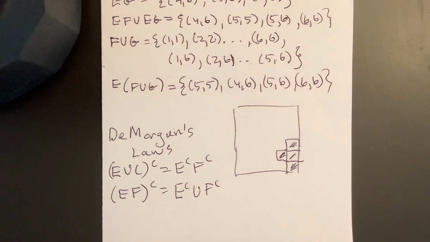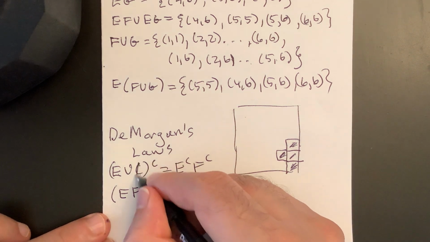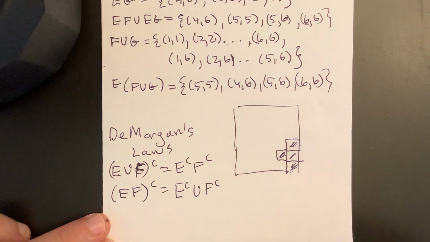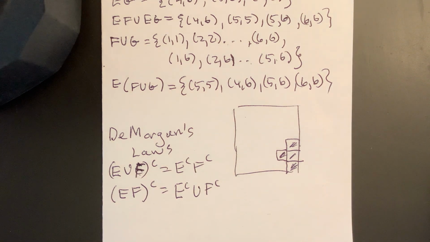So these I can do a little proof. This actually extends to E union F. This actually extends to any number, even an uncountable number.